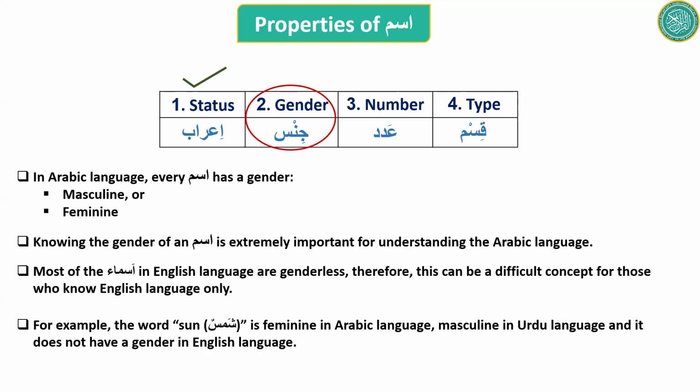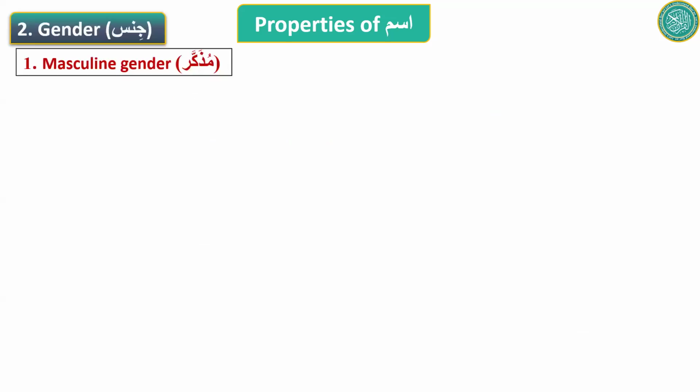While the word sun in English doesn't have a gender. So this depends on the language you are learning. Some languages don't have a gender for most of their ism. But in Arabic, remember, every ism has a gender, either masculine or feminine.